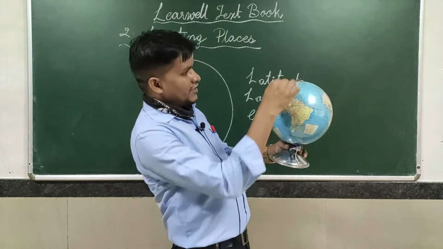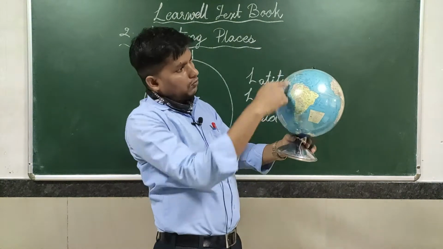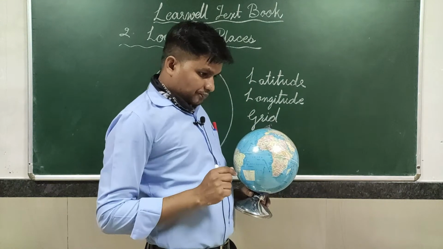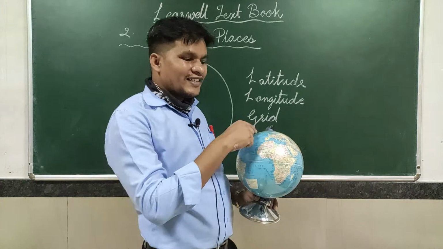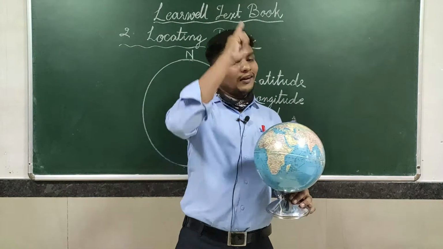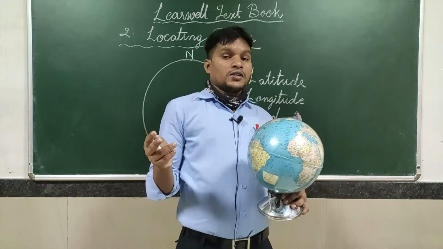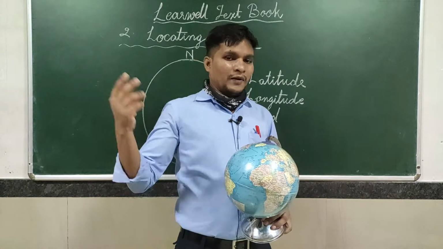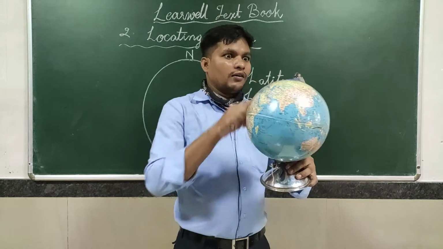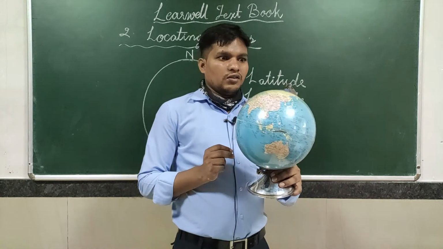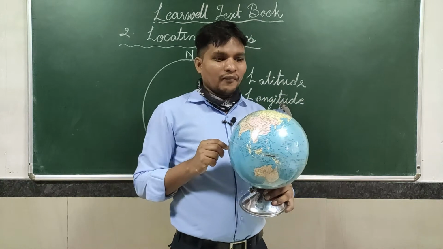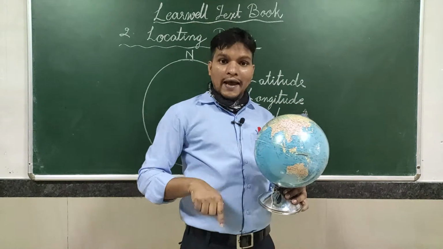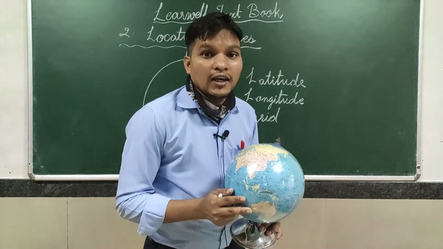This middle line which is connected to both poles is known as the axis. Actually it is an imaginary line. There is no line on the Earth, but we have to imagine that there is a line. Whenever you become a scientist and go out of the Earth, to the moon or other places, don't search for where the line is. It is an imaginary line. That line is known as the axis.